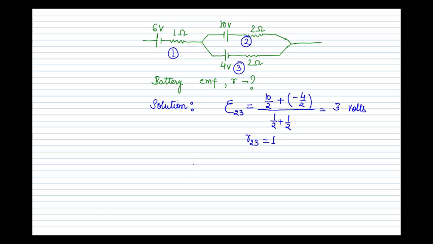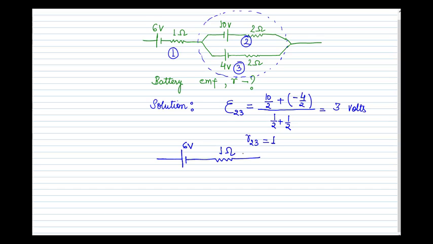So now we can replace this whole parallel combination, because we have calculated the equivalent EMF and the equivalent internal resistance. So we can replace this whole thing with this. Now we can modify the circuit: we have a cell of 6 volts, and the internal resistance is 1 ohm.